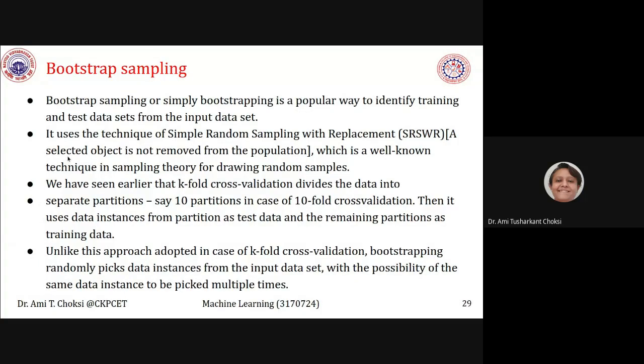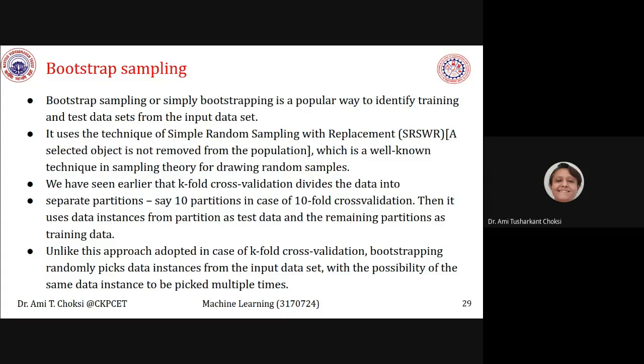It uses a technique of simple random sampling with replacement. In our previous subject, that was data mining, we have seen this technique. But what is the meaning of it? That is, a selected object is not removed from the population.